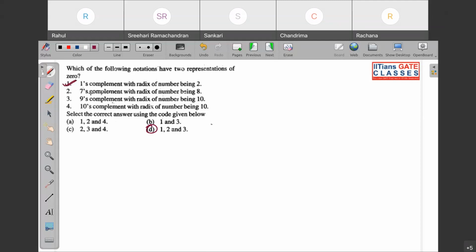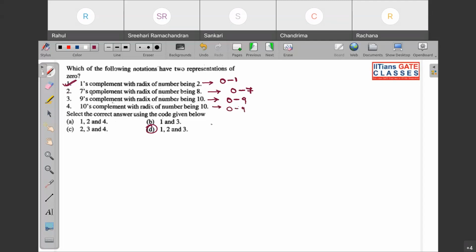Now 7's complement, with the radix of the number being 8, has representation from 0 to 7, whereas here we had 0 and 1, radix 2, so two characters 0, 1. 9's complement with radix 10 has numbers from 0 to 9, and 10's complement with radix 10 is also 0 to 9.